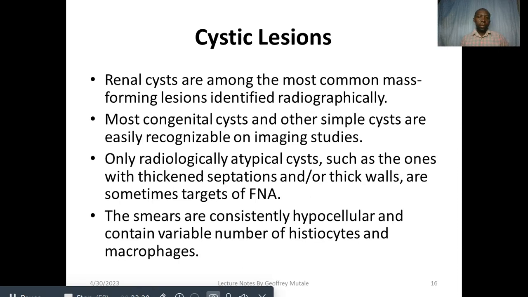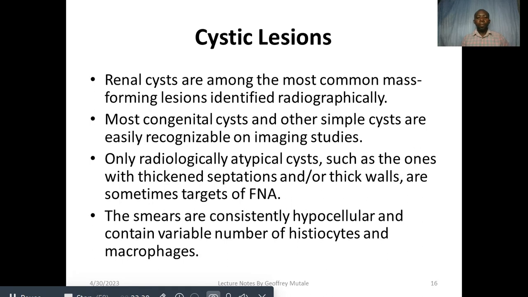Only radiologically atypical cysts, such as the ones with thickened septations and or thick walls, are sometimes targeted on FNA.